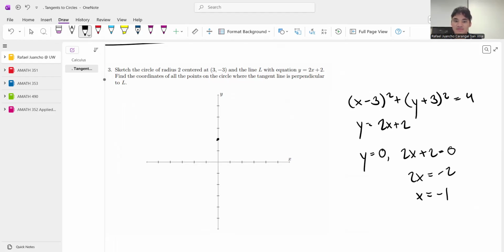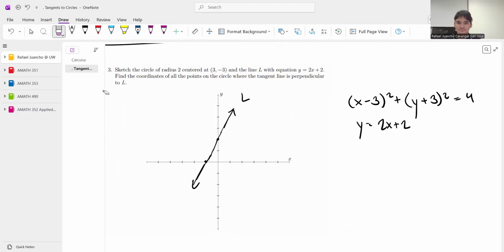So that would be here. So my line will be like that. Very, very approximate. How do I know I'm correct? Well, this should have a slope of 2. So we know this is my line L. Okay? That's it. That's a sketch of the line.